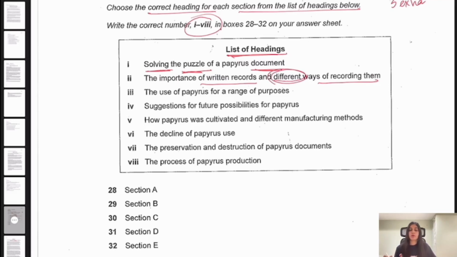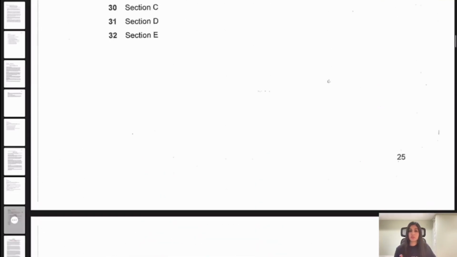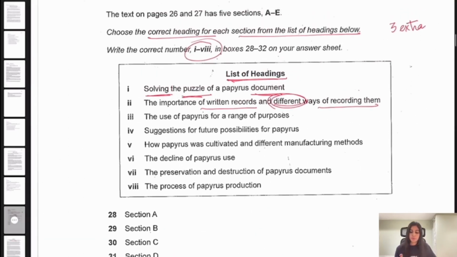We can record on a laptop, on palm leaves, on paper, on cave walls if we go to ancient times. Why am I talking about ancient times? Because there's some mention of ancient Egyptians. People also used to write on stones. So I can predict some mention of all of these things. Right now I'm predicting, and this does not mean that what I'm predicting is going to be right.